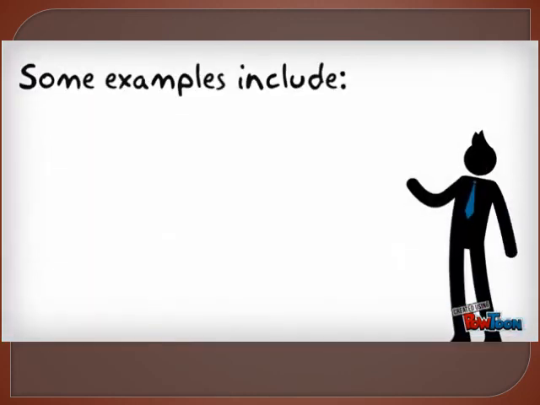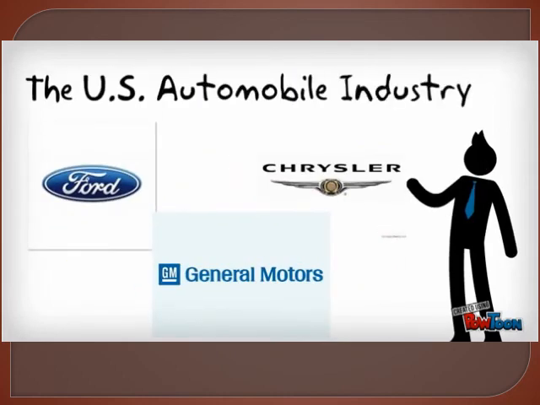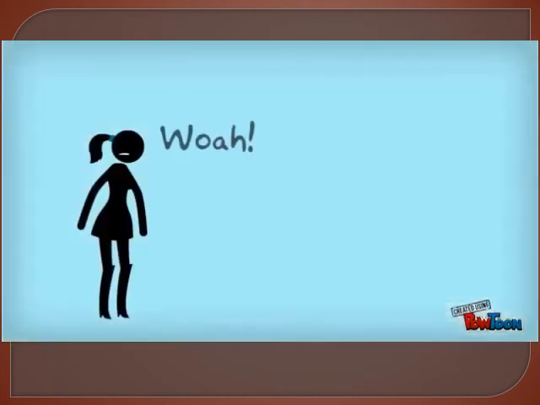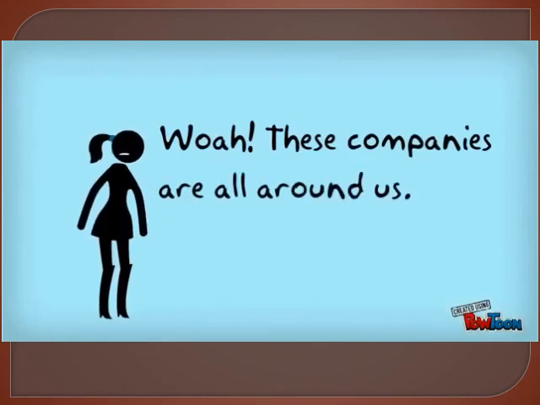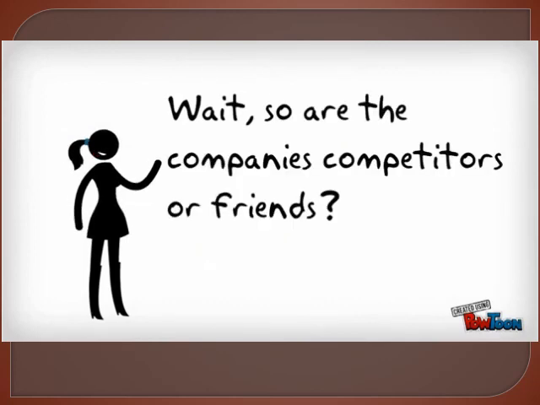Some examples include the soft drink industry, where Coke and Pepsi have competed for years. The U.S. automobile industry, where Ford, General Motors, and Chrysler take over. And the phone companies, which control the market. Whoa, these companies are all around us. Wait, so are the companies competitors or friends?